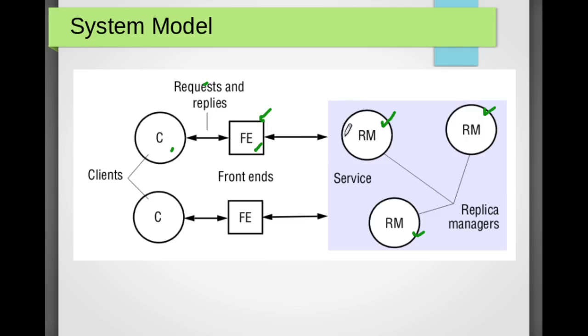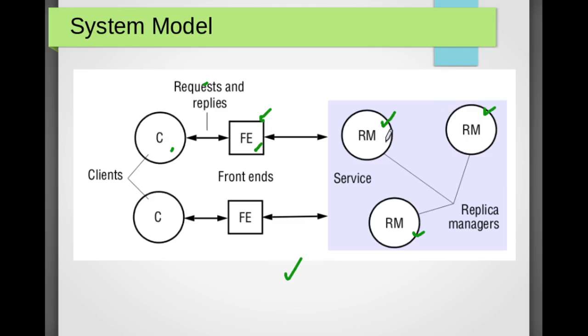The request is then executed: if it is a read operation, the data is transferred. If it is an update operation, all the replicas are updated, and then a response is given to the front end.